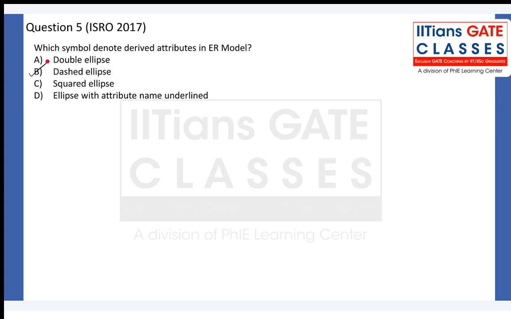What is a double ellipse? Multi-valued attribute. What is an ellipse with attribute name underlined? Key attribute. Very good, guys.